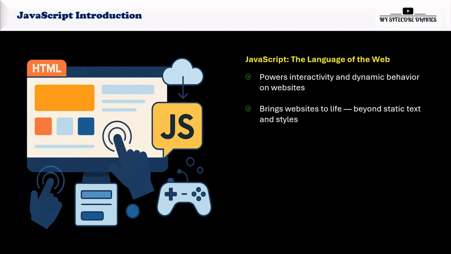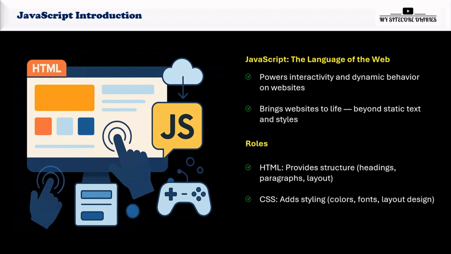Now let's quickly understand the role of the key technologies in web development. HTML is the backbone. It provides the structure of your web page, like headings, paragraphs and the overall layout. CSS is all about looks. It adds styling such as colors, fonts and positioning to make your site visually appealing.